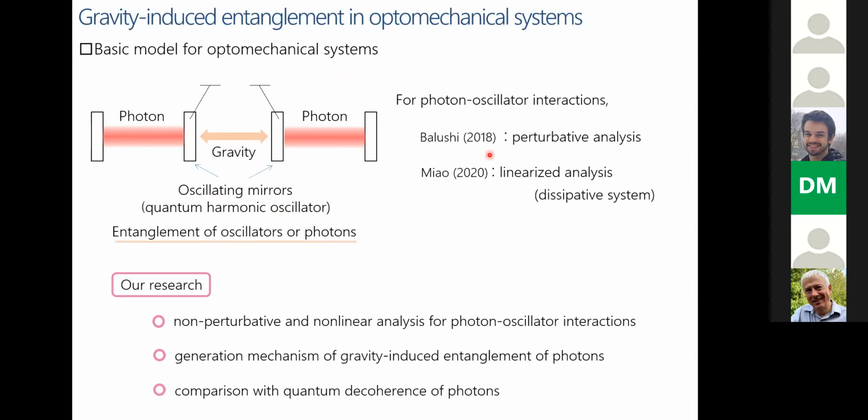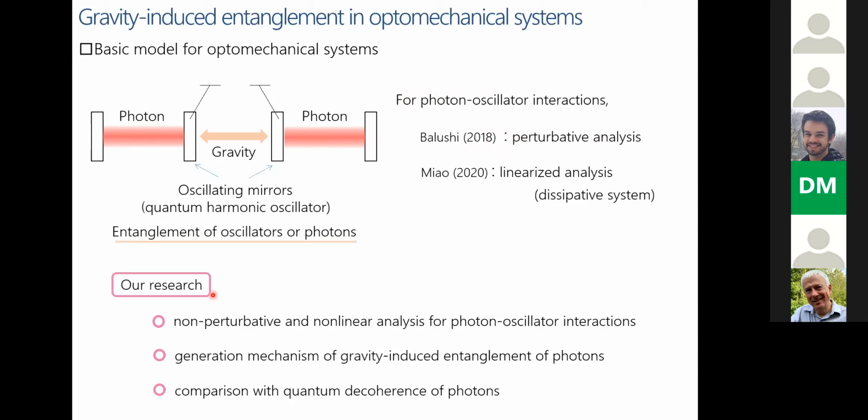There are some previous studies about gravity-induced entanglement in optomechanical systems. This work performed the perturbative analysis of the couplings between the photons and the oscillators. This other work considered the linearized Hamiltonian with respect to the photon-oscillator interaction.